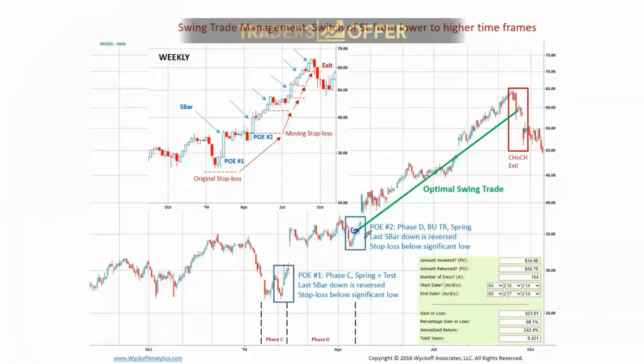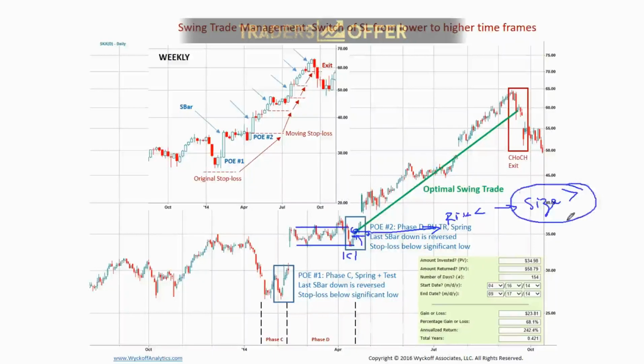let's say you're entering somewhere here, and you're looking at the daily, and you're identifying phase C, and during, let's say, these days right here, you're creating the point of entry where the difference between the point of entry and the stop loss is so minimal. So this minimal risk, where risk is going down, is going to increase your size of the position.